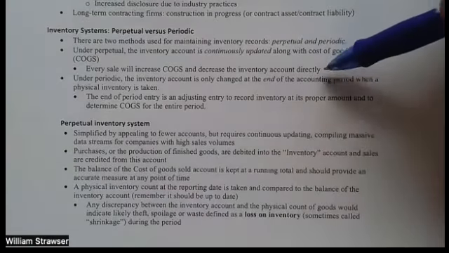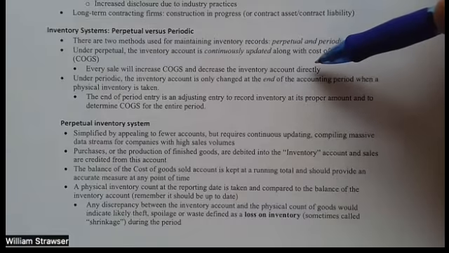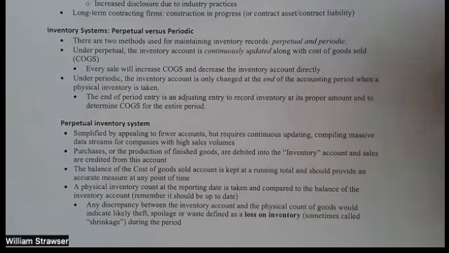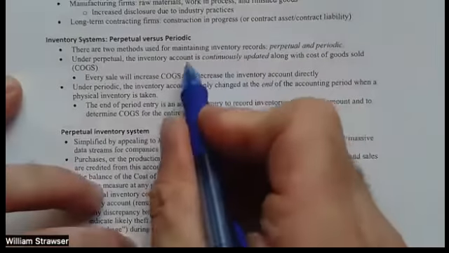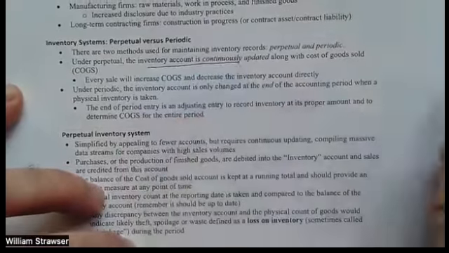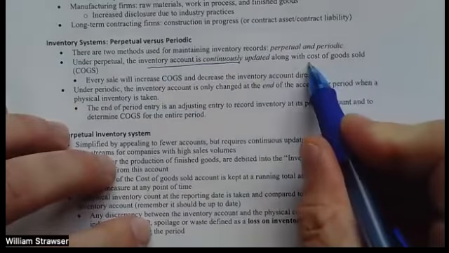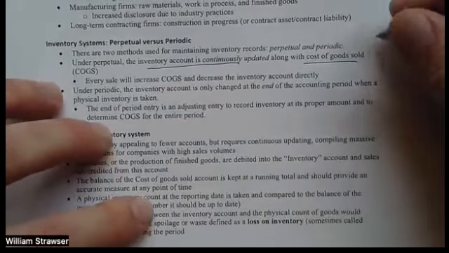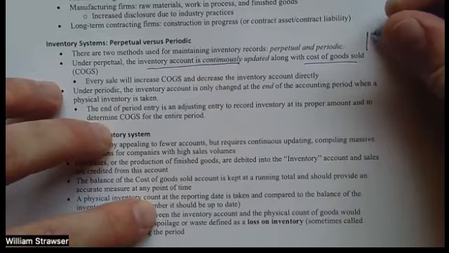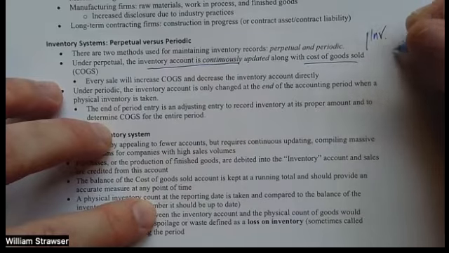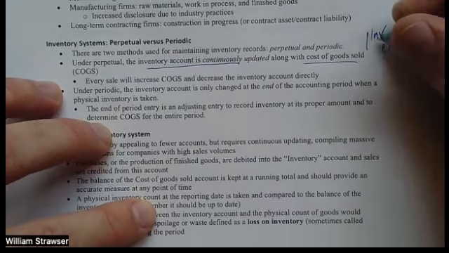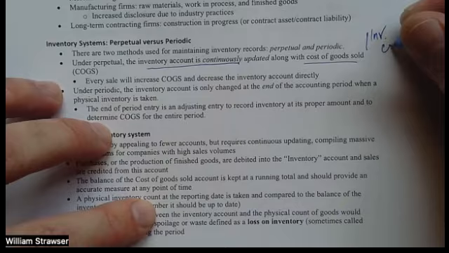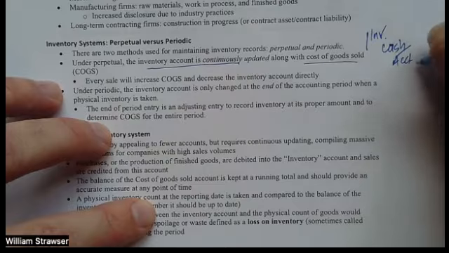So let's talk about the two a little bit more directly. Under the perpetual system, the inventory account is continuously updated, along with the cost of goods sold. So the entry is, debit inventory and credit cash or accounts payable whenever we purchase.